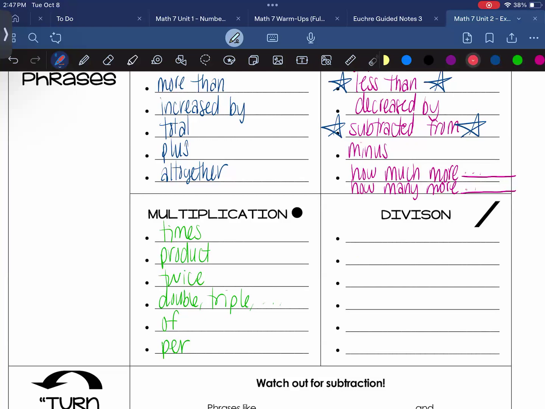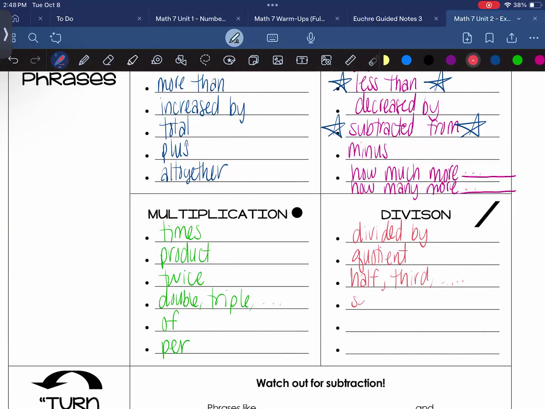And finally, division. Obviously, if you see words like divided by or divide, right? So I'll go ahead and write that one down. Divided by. Then we also have quotient. If you see half or a third or a fourth or a fifth, dot, dot, dot, any fractions. Remember, fractions are division problems.